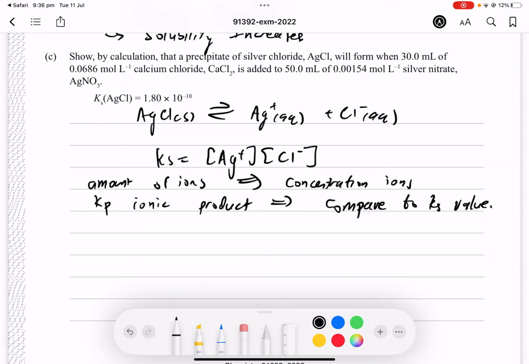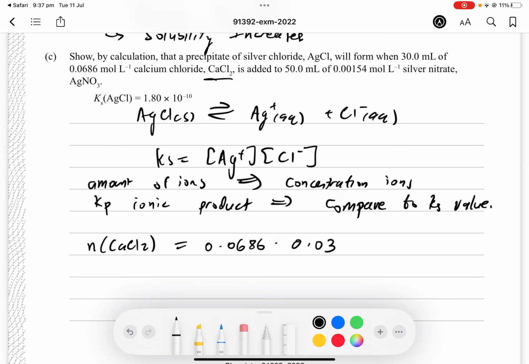Okay, so let's just calculate the amount of CaCl2 in the reaction. We have n of CaCl2 equal to c times V. So that's going to be 0.0686 multiplied by 0.03.